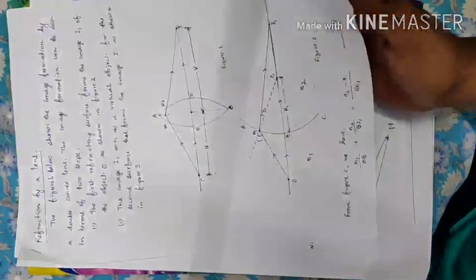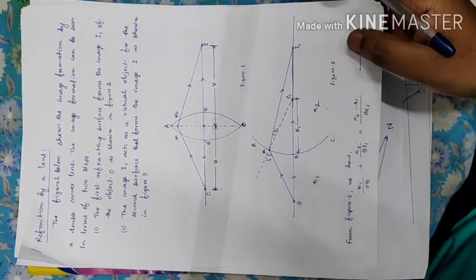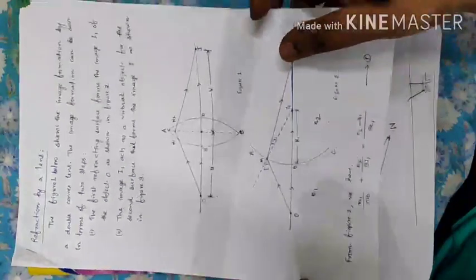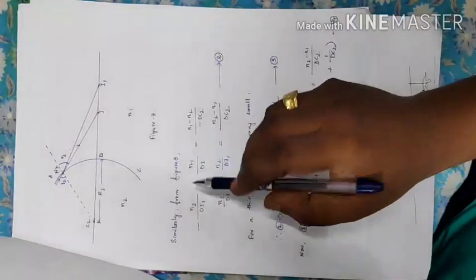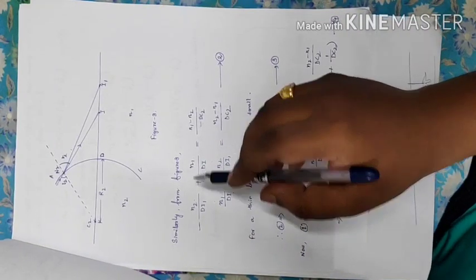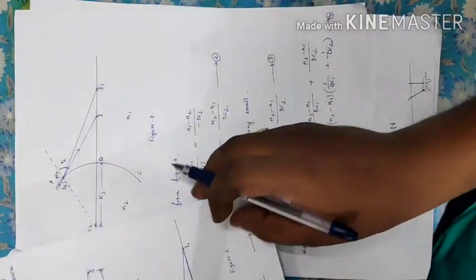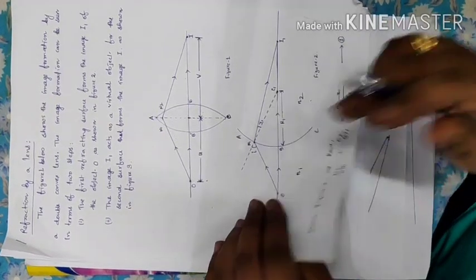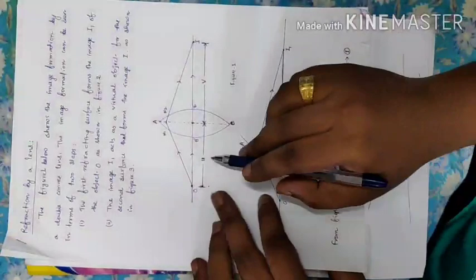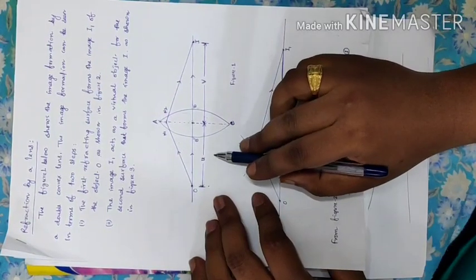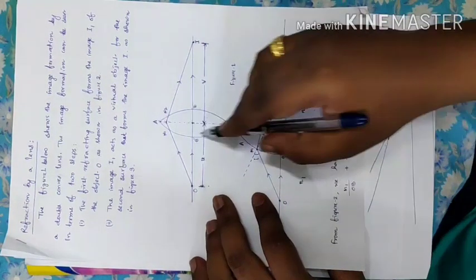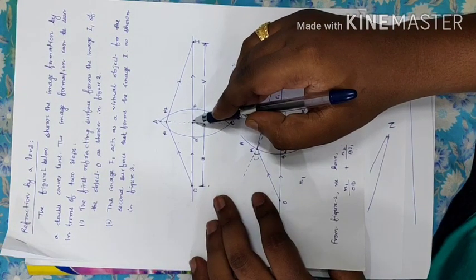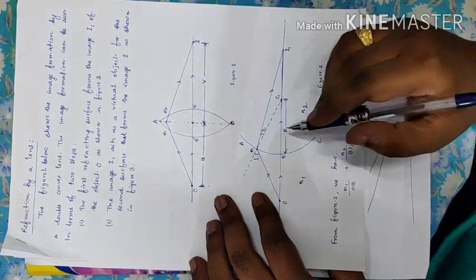Now, we have already derived this equation, and we will correlate it to build the equation. Similarly, first we had N1 by object distance OB. Here the first medium is air, so the refractive index of air is considered to be N1, and the refractive index of the lens medium is N2.